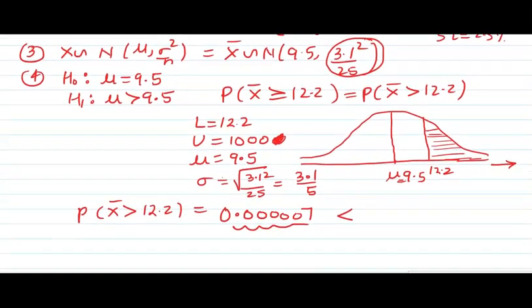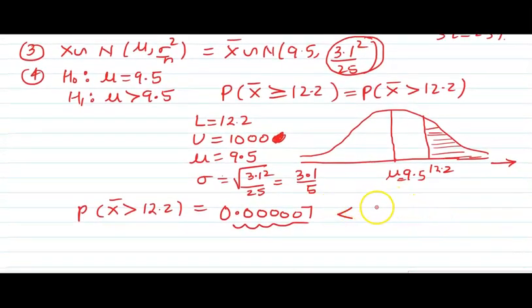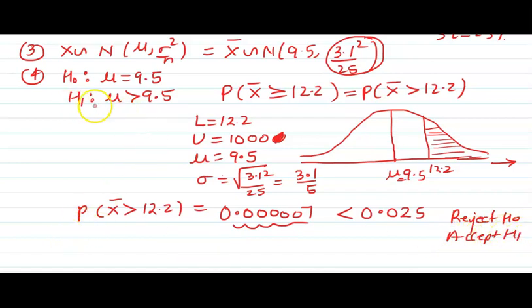So we need to compare whether it is less than 2.5%. So it is less than 0.025. Yeah. So when it is less than, it means what? Reject H0. It means accept H1.